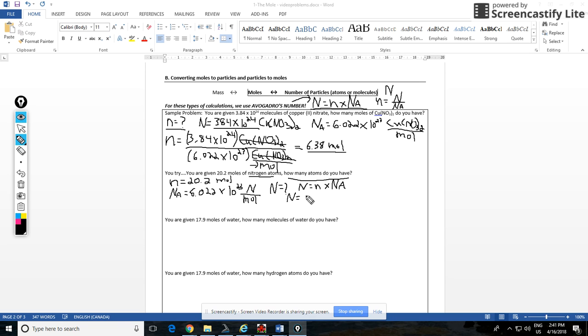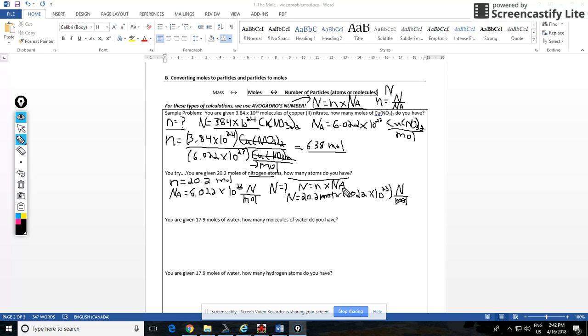Big N, number of particles, is equal to 20.2 moles multiplied by Avogadro's number, 6.022 times 10 to the power of 23 N per mole. Nitrogens per mole. Mole over mole cancels out, and you're left with the number of nitrogens.